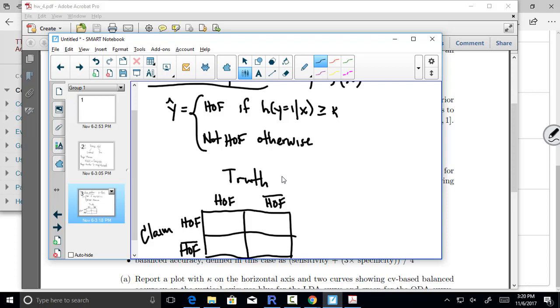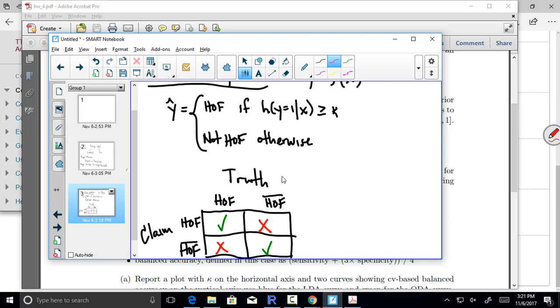So if I predict for a player Hall of Fame, and they are in the Hall of Fame, then I made a correct prediction. And similarly, if I predict they're not in the Hall of Fame, and they are indeed not in the Hall of Fame, I made a correct prediction. I make a mistake in one of these off-diagonal cells where I claim the player's in the Hall of Fame, but they're really not.